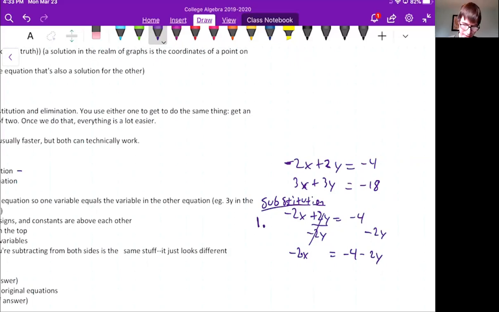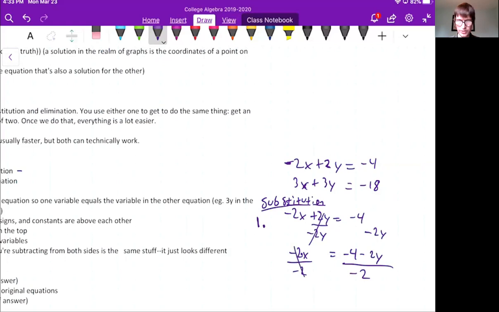It's a -2 times x, and we want to get rid of that -2 times something. In order to get rid of what's happening to it, we have to do the opposite. If it's multiplying, we need to divide. So we'll divide both sides by -2. Divide that by -2, divide that by -2. Okay, these cancel out.